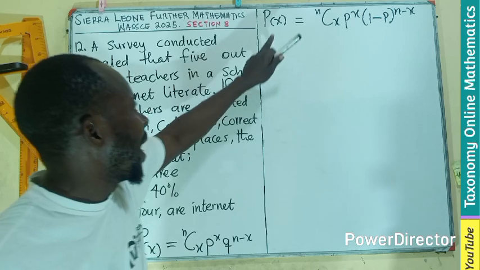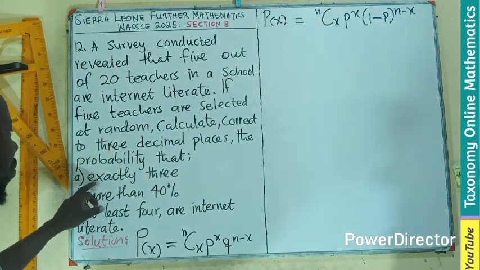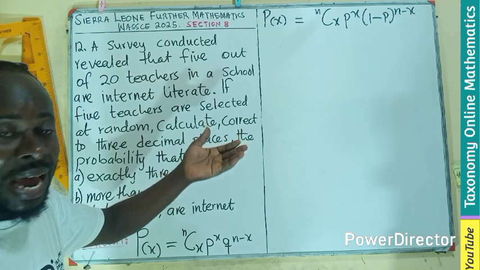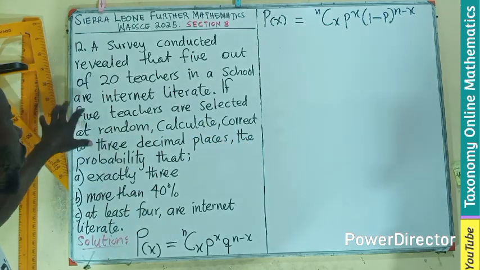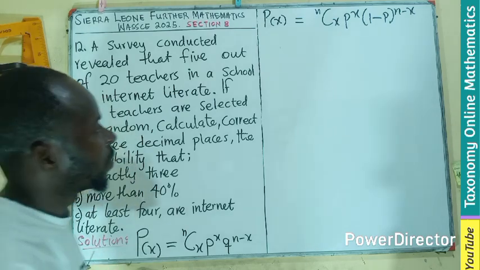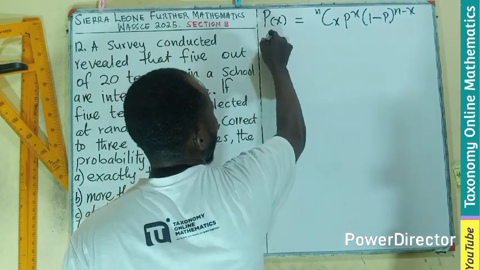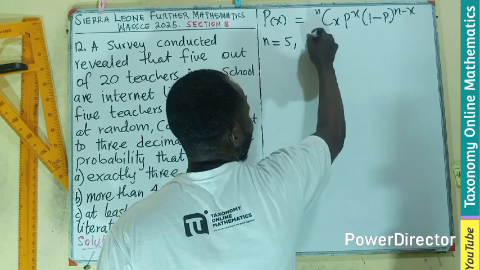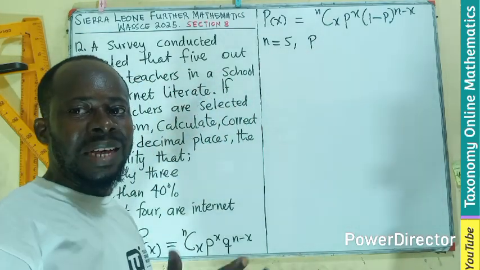So here the x is the trial that the question is talking about. Here we are talking about exactly 3. That will be the x. The n is the total number of teachers to be selected, that is 5. So n will be equal to 5. Then p is the probability of a success.